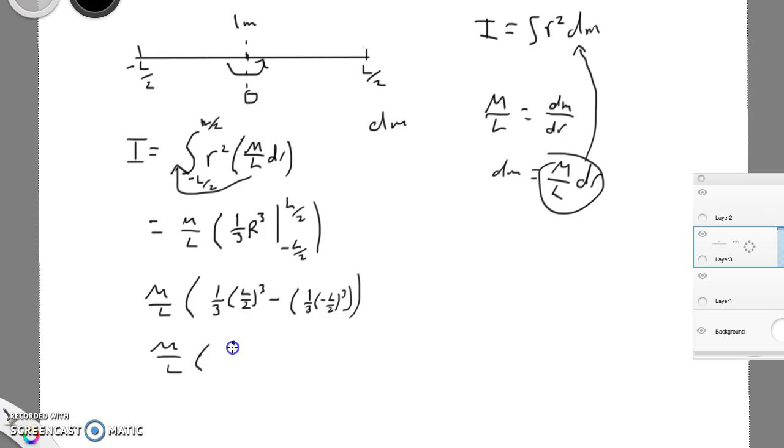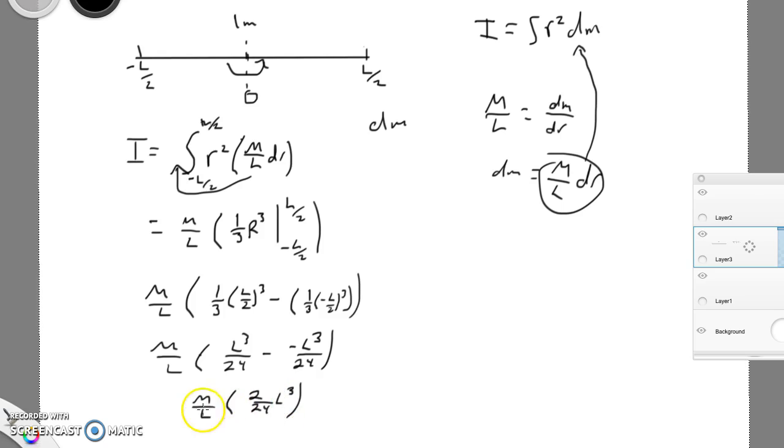So that's going to be L cubed over 24 minus, over here it's going to be negative L cubed over 24. Okay? You subtract the negative, you add them, so we get m over L times 2 over 24 L cubed.